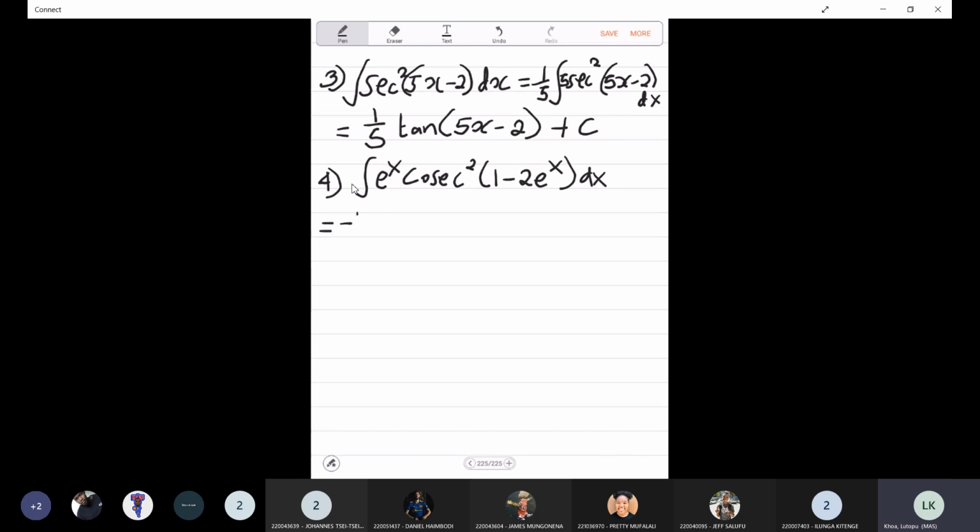So I have minus a half, the integral of minus 2e to the power of x cosec squared of 1 minus 2e to the power of x dx. Okay, and then look at the integral of cosec squared. That is negative cot.